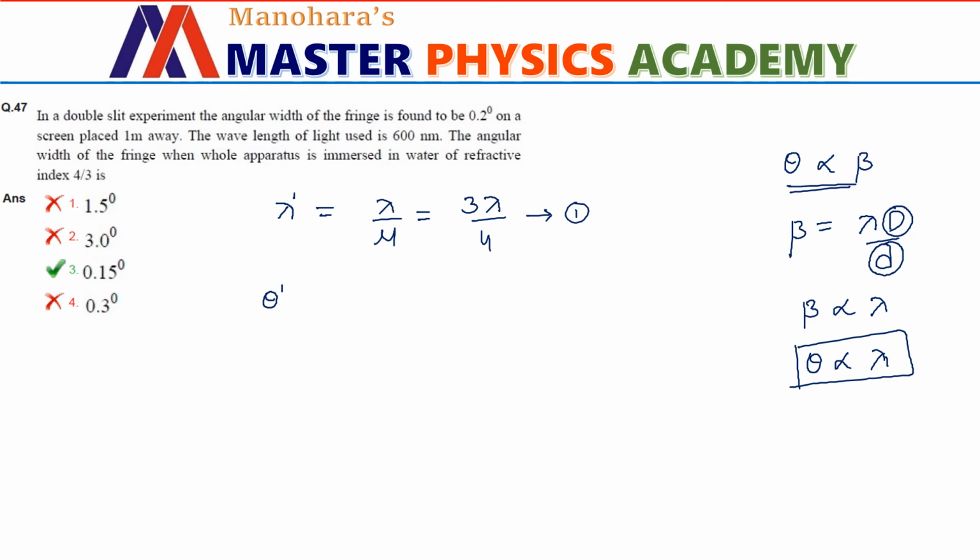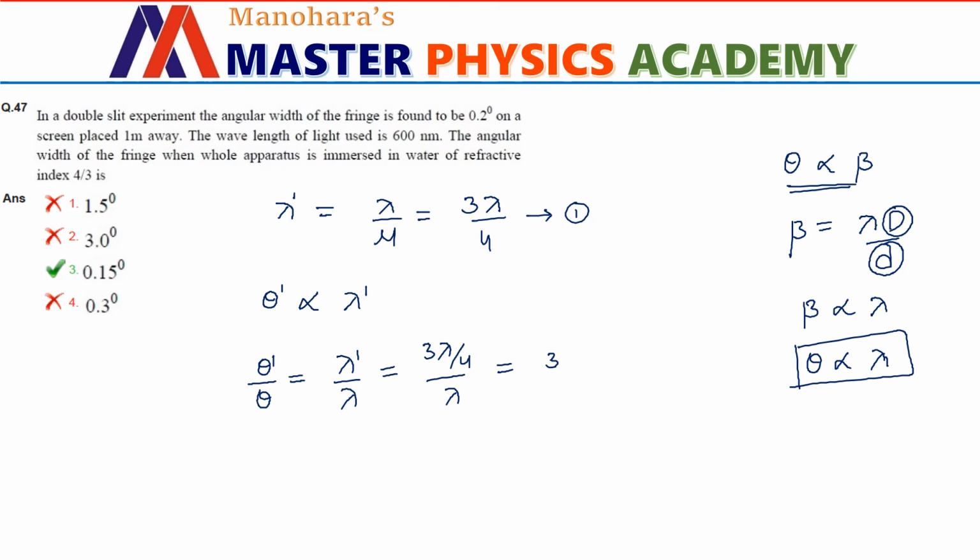Now theta dash, that is the new angular width of the fringe, will be directly proportional to lambda dash. Let us take the ratio theta dash to theta, which equals lambda dash divided by lambda. Lambda dash is 3 lambda by 4, divided by lambda, which gives us 3 by 4.